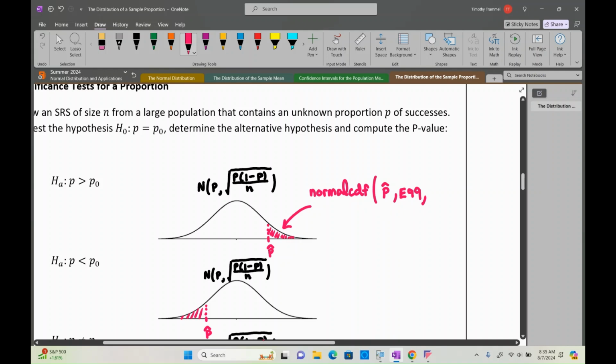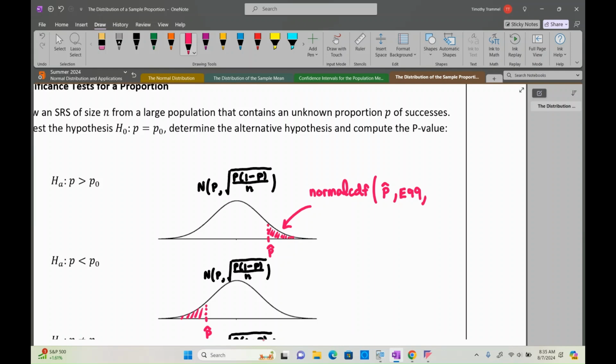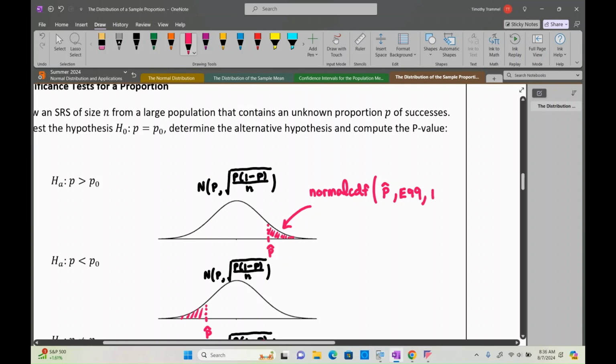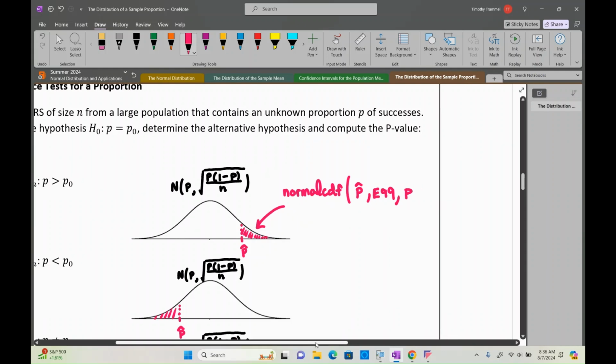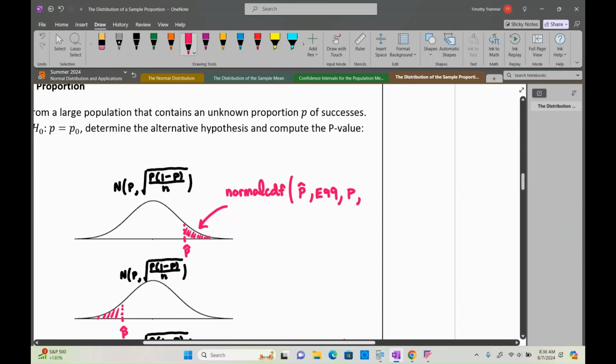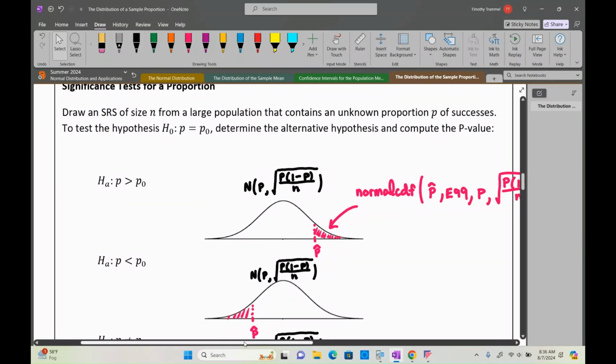And then we'll have our mean of the sampling distribution, which is equal to the population proportion P. And then lastly, to get the standard deviation, we need that formula, which is the square root of P times 1 minus P divided by N. There we go, so that's what that'll look like. And we're going to do 2 examples to make sure we have this down.